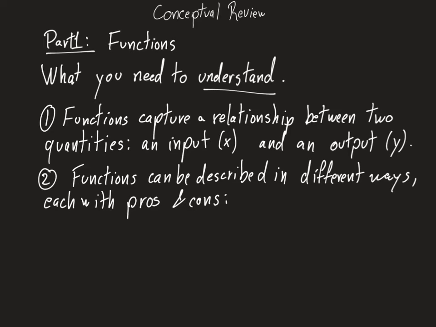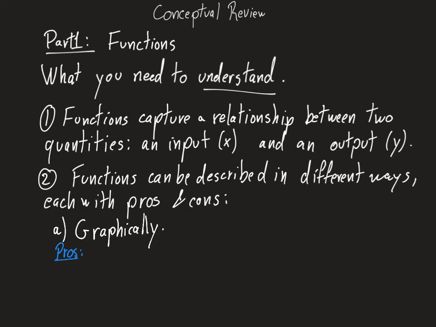Now, the first of these ways to describe a function, let's call it little a here, is graphically. Now, for a graphical representation, there are various pros and cons here.